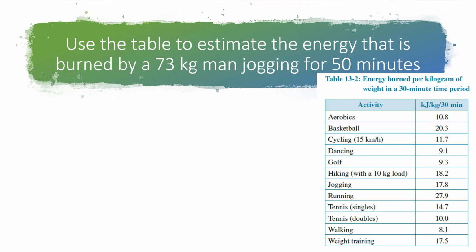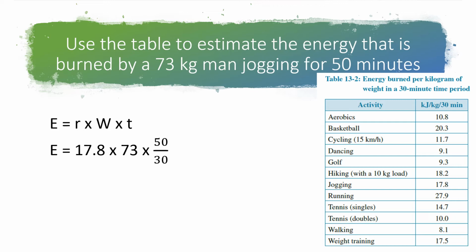Let's have a look at another example. Use the table to estimate the energy that is burned by a 73 kilo man jogging for 50 minutes. So once again, we're using the formula E equals R times W times T. And if we have a look at the table, we can see that jogging is 17.8 kilojoules per kilo per 30 minutes.